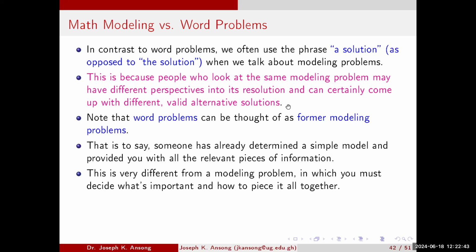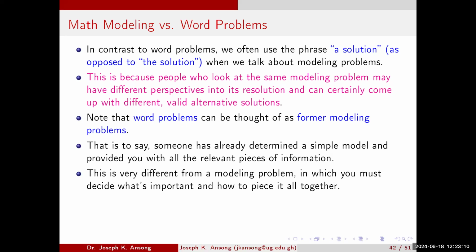If you like, you can think of word problems as formal modeling problems. Somebody actually did their research and then couched the question in the first one, the word problem. That is how you have the population of the town, 35% recycle, people use 9 water bottles, and all of that.